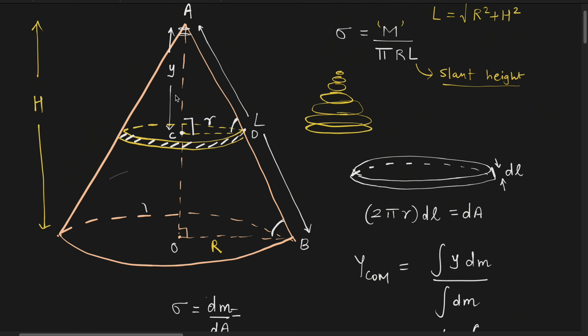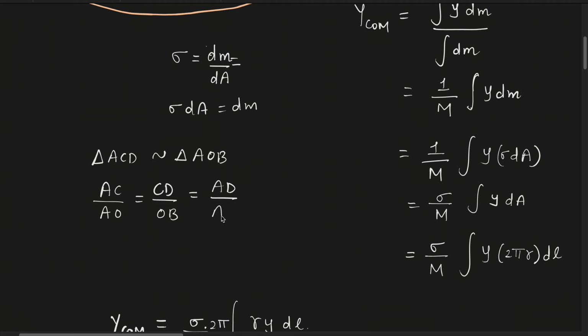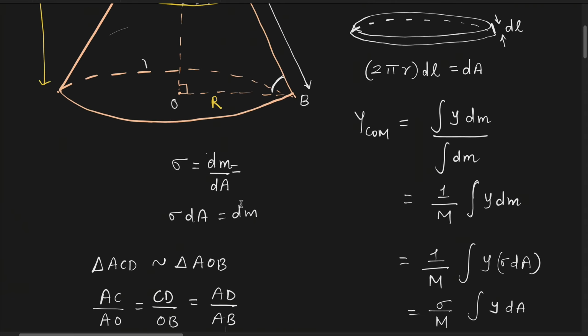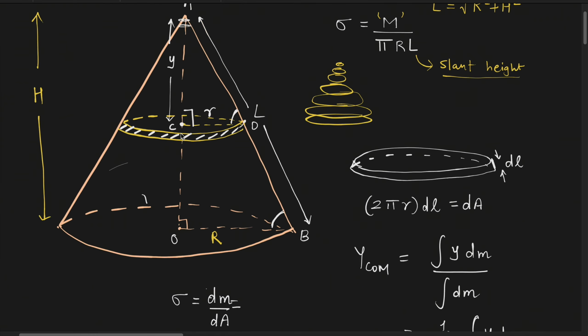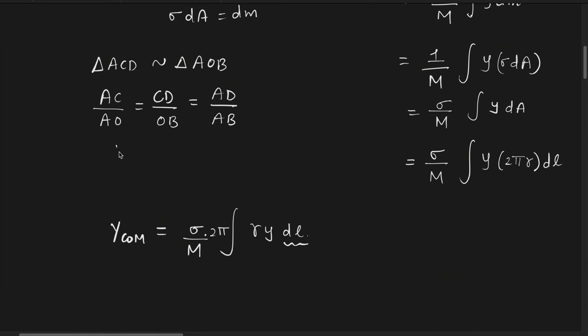So I can write the ratios like this. AC upon AO is equal to CD upon OB is equal to AD upon AB. What is AC upon AO? AC is y and AO is H. So y upon capital H is equal to CD upon OB.